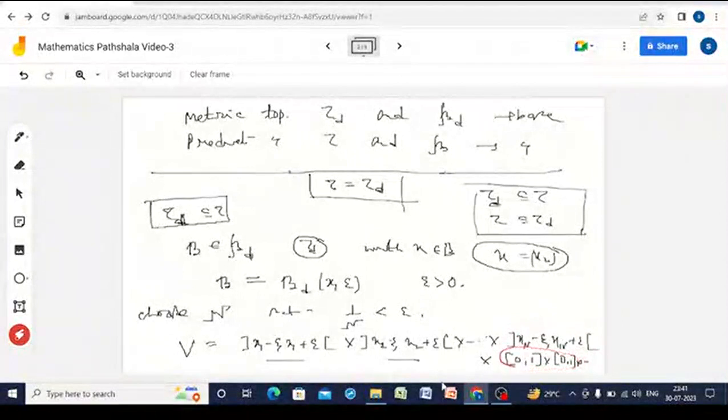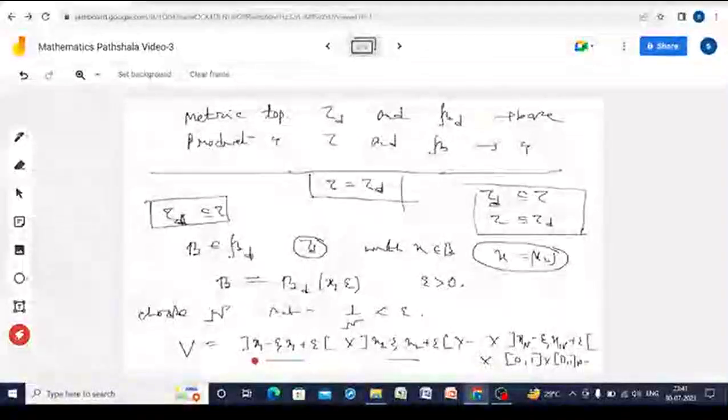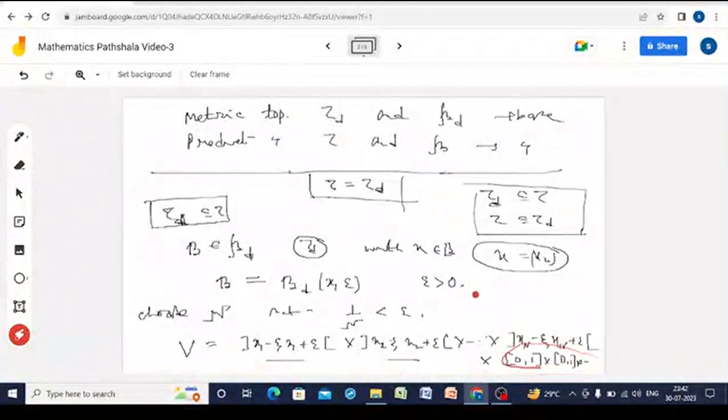We also know that any basic open set in the product topology is of the form: finitely many open sets in finitely many indices, and the rest will be the whole sets. So this is clearly a basic open set in the product topology.